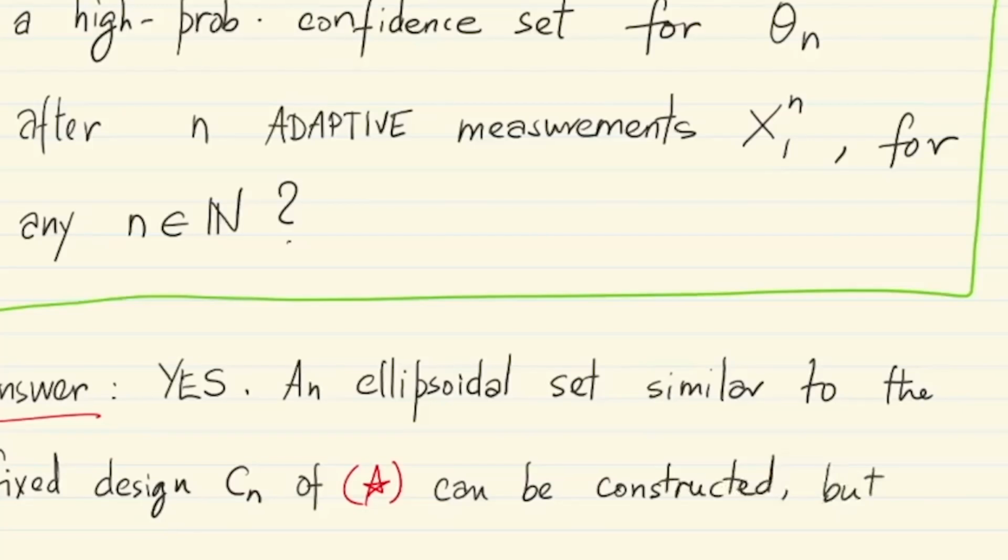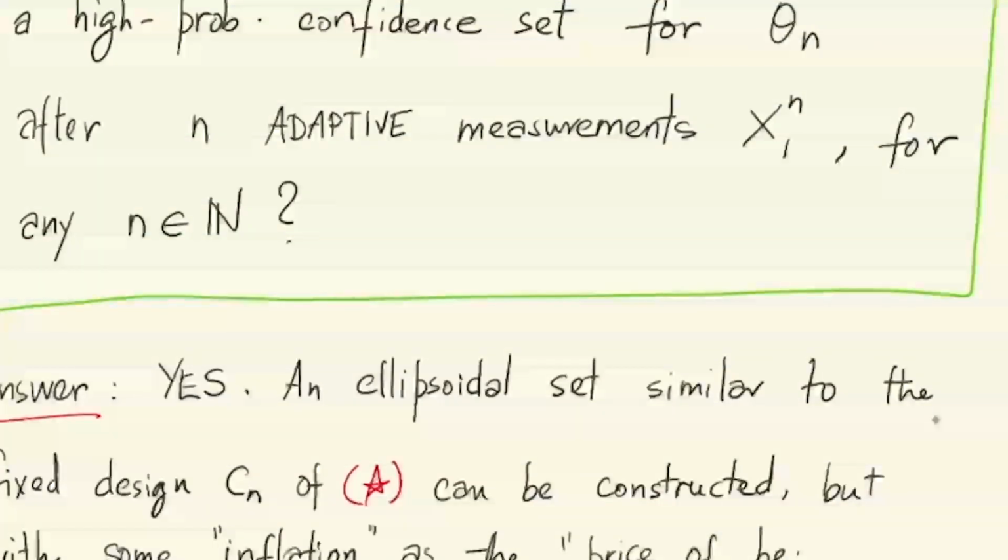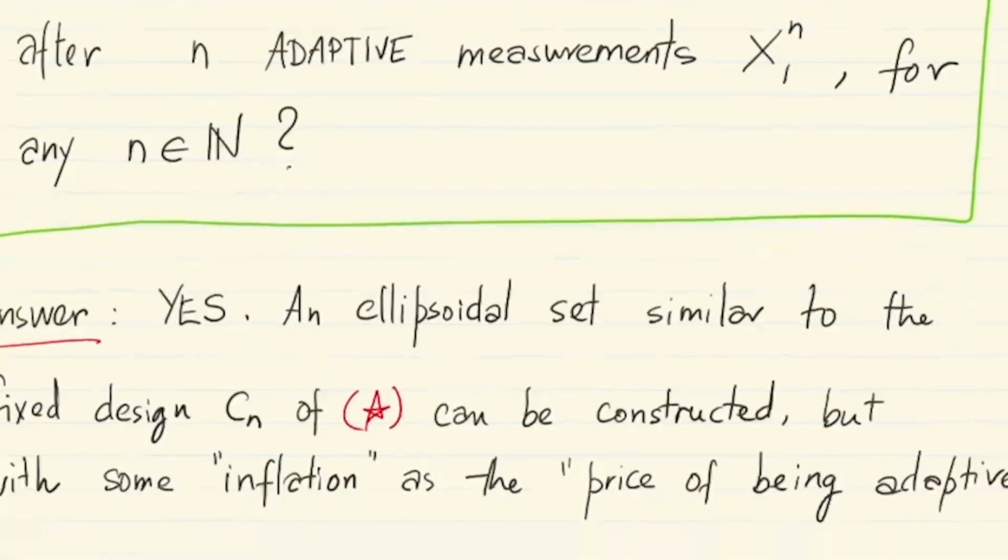But of course we have to pay a price for being adaptive and incurring some bias, so there will be some inflation that we'll have to do to handle the extra bias. At a high level this is the price of being adaptive over time. We'll see exactly how much of a price we will have to pay.